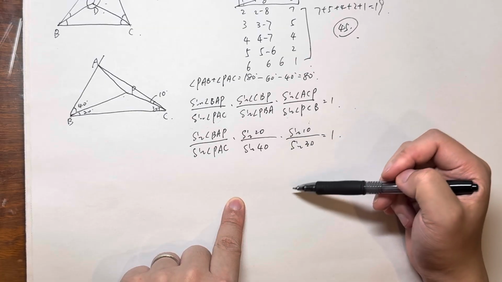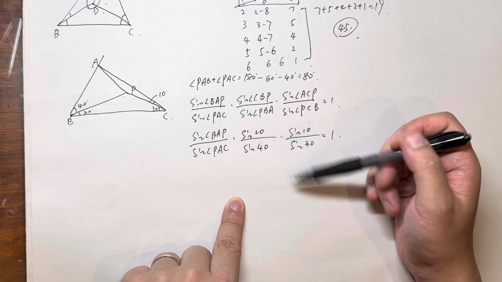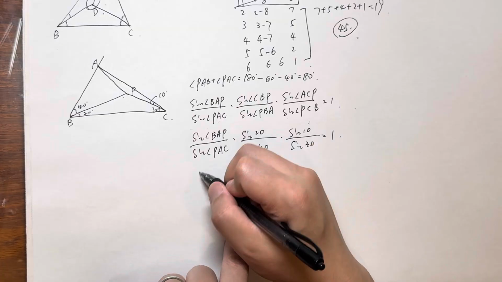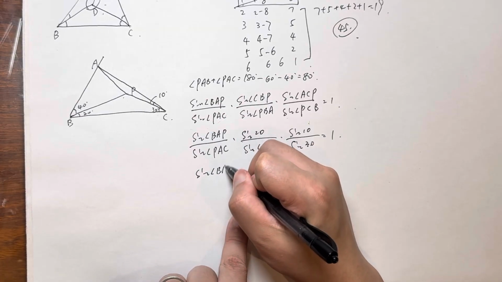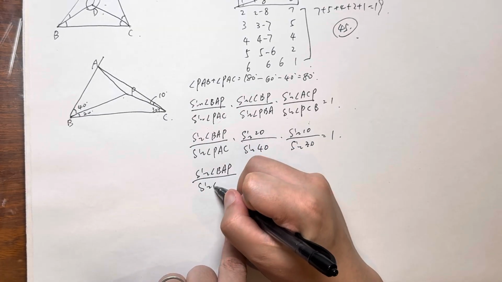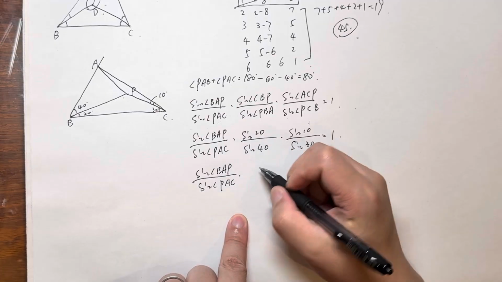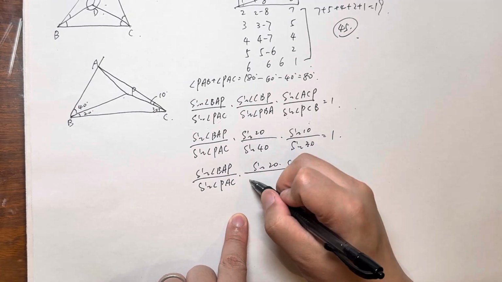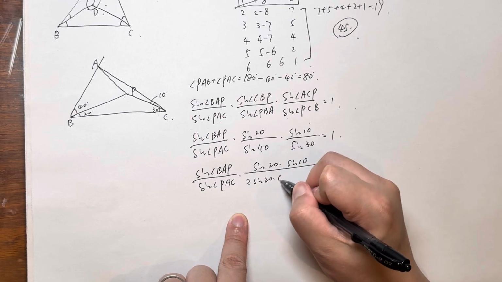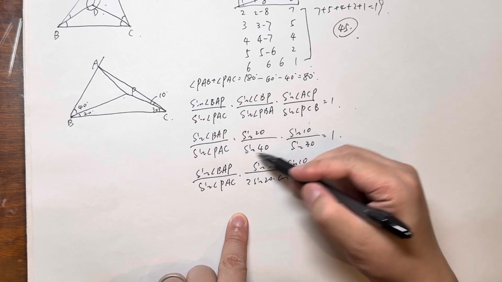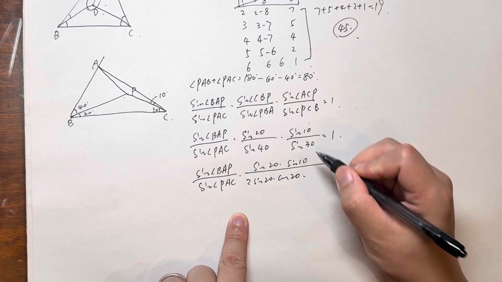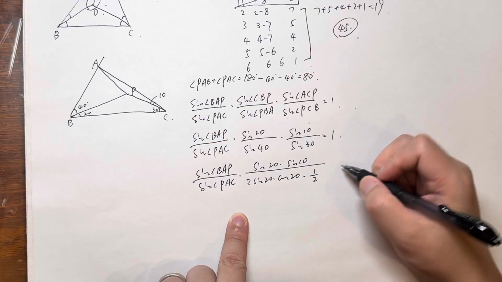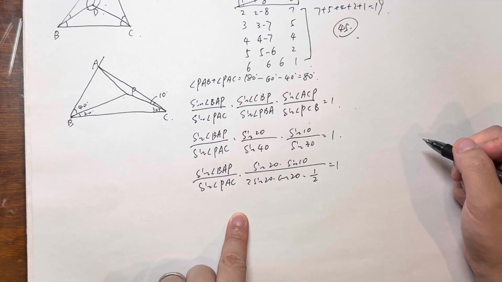And look at here, we know that sine 40 can be rewritten as 2 sine 20 cosine 20, right? So we have sine BAP to sine angle PAC times sine 20 times sine 10 over 2 sine 20 cosine 20, that's sine 40, times this one equals 1, right?